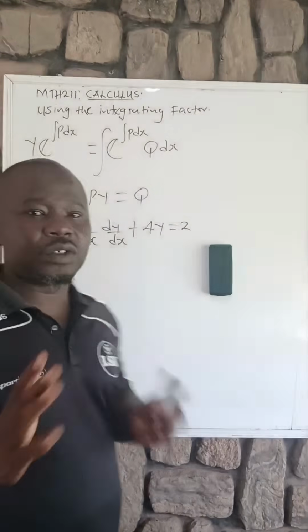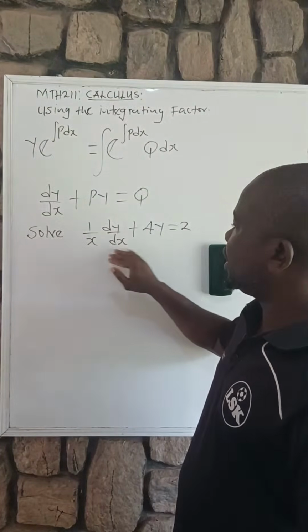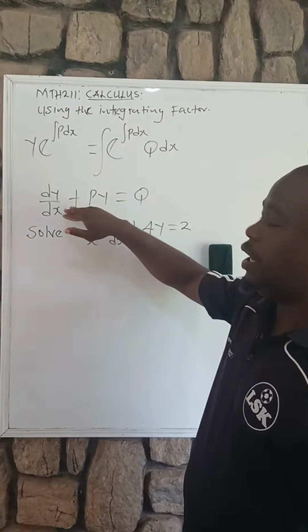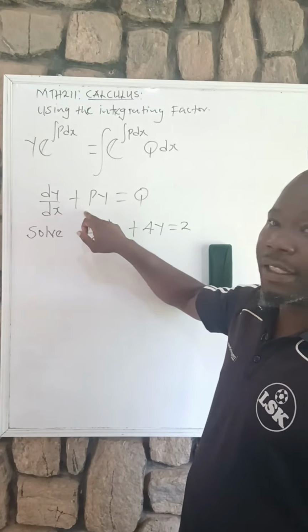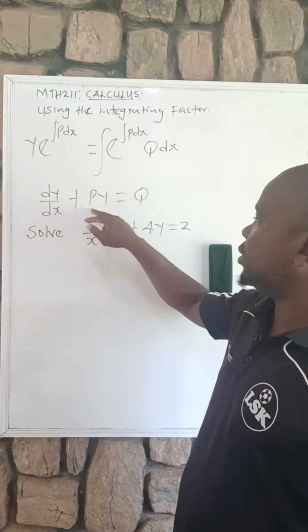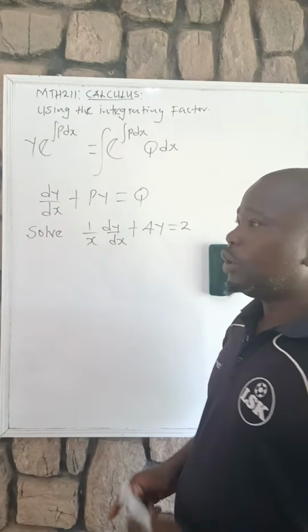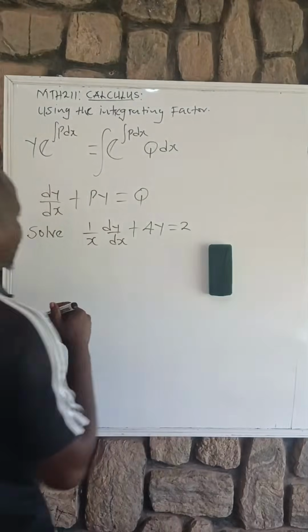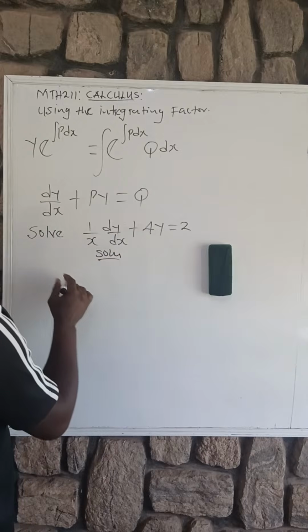At first, you have to transform this differential equation into this form, dy over dx plus Py equals Q. Are you following? So now let's write the solution.